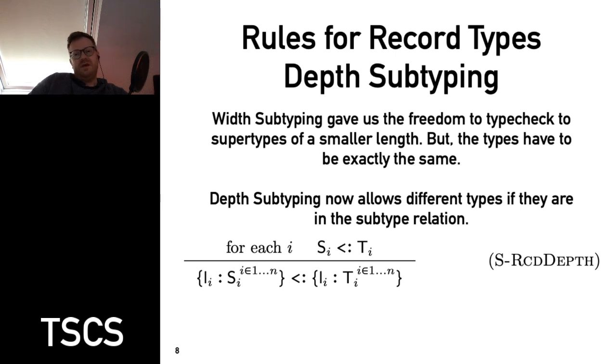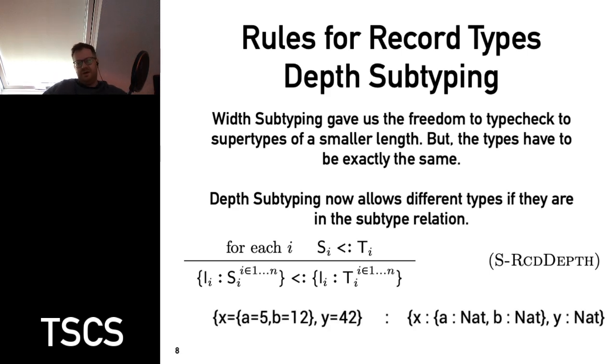So that means that you can have things that vary in length, but also that vary in depth. If you have a record type that has as one of its label types another record, that can also be a shorter record than defined in that term.